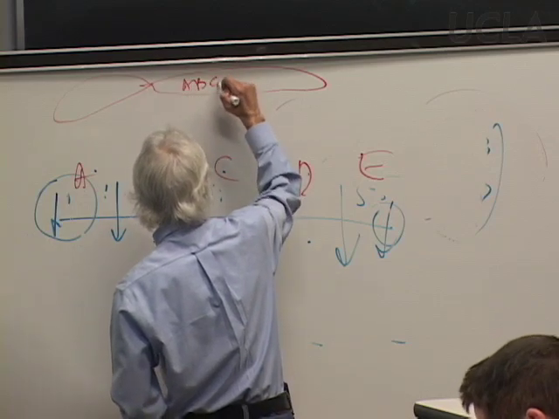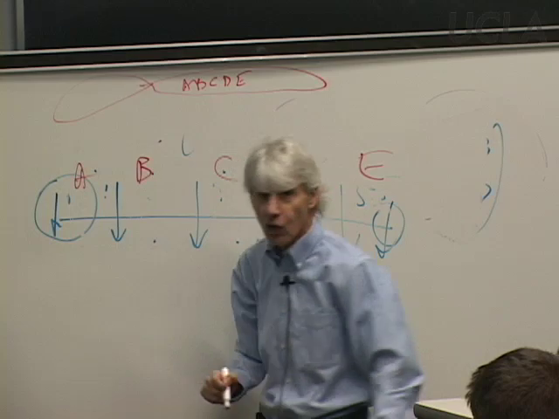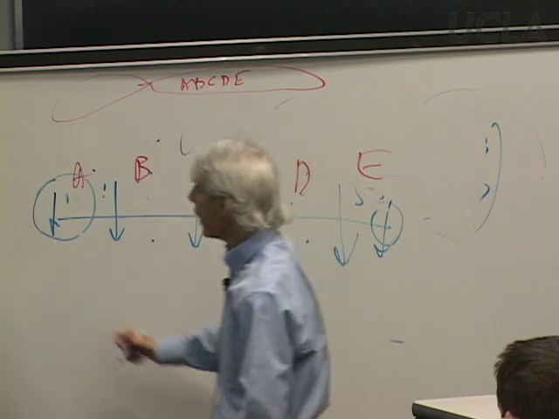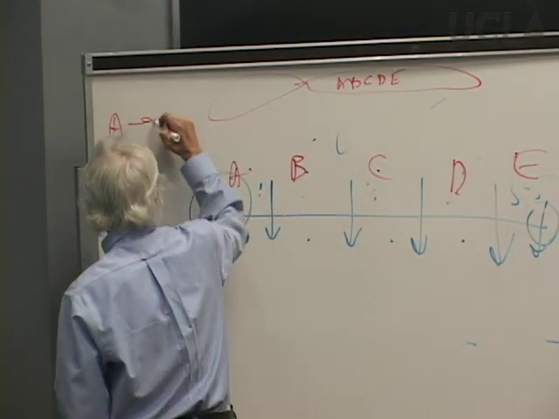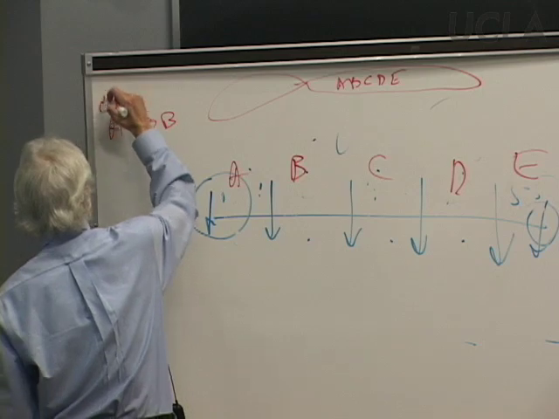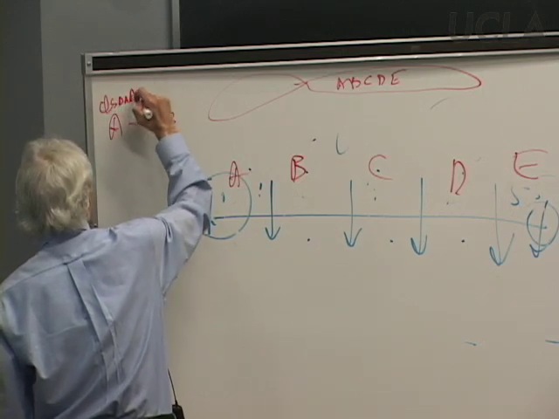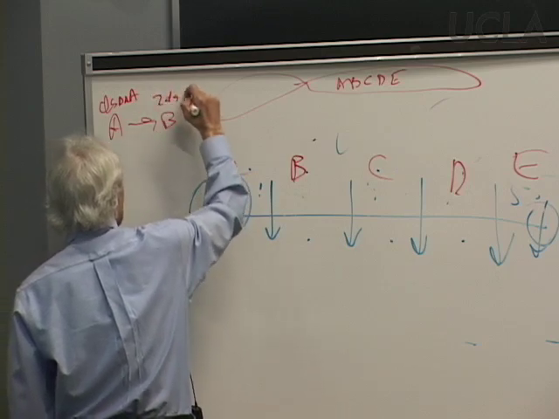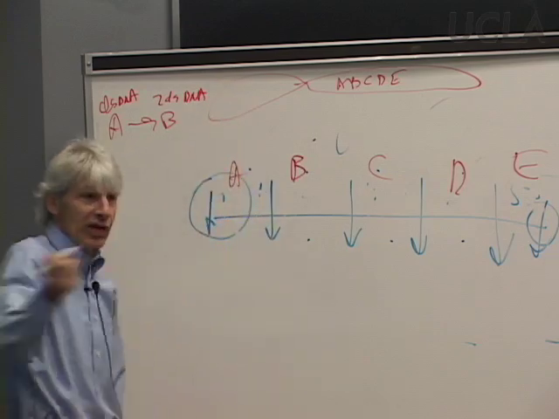A, B, C, D, E. Those are genes along the arm of that chromosome, okay? Now, what happens when I carry out this reaction, A to B? In this case, I'm taking a double-stranded DNA molecule. I'm cleaving the phosphodiester bonds, and I'm getting, let's say, 2 double-stranded DNA molecules, in a sense.